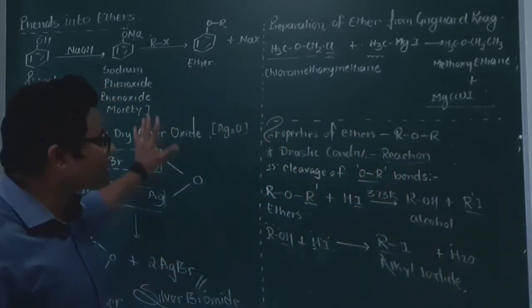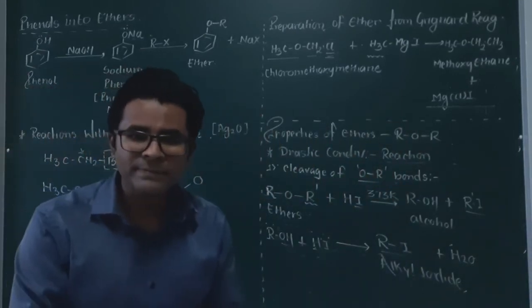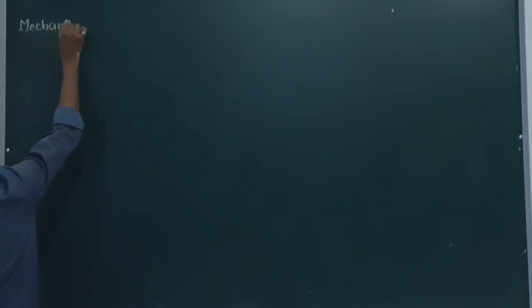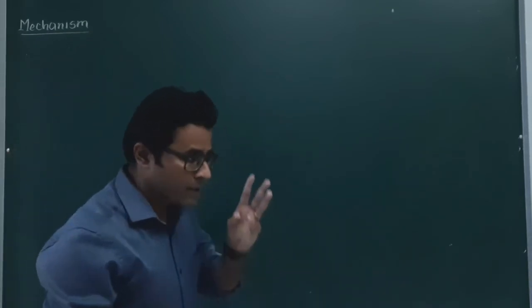So this is how the entire reaction follows up. Understand about the mechanism. When we take a look at the mechanism of this entire process, it consists of 3 steps.